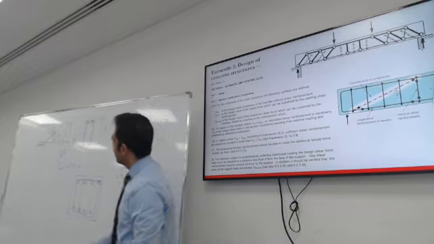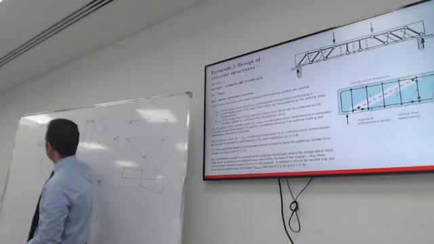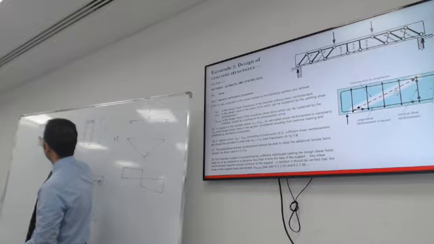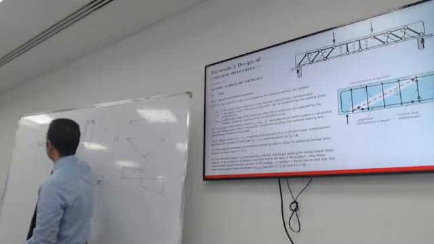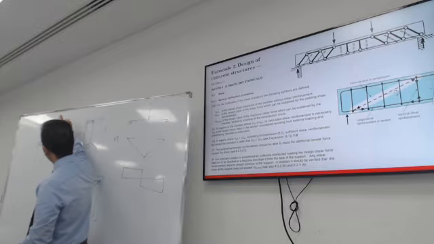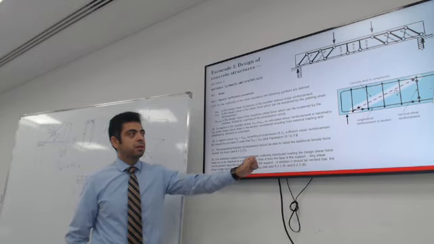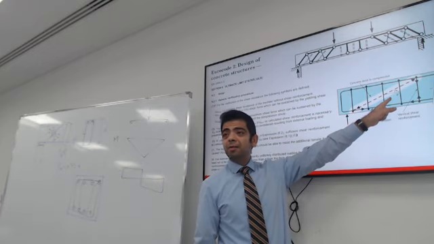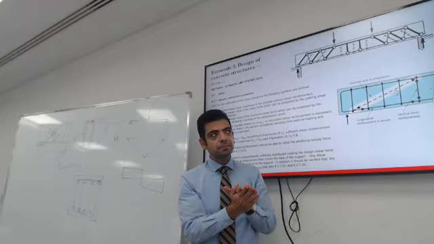So back to my diagram here. These forces have two different components. One component will go into the axial, into the stirrup, and the other component will go into compression with an angle theta. This is the angle that I've been talking about. It's the angle of the compression strut.